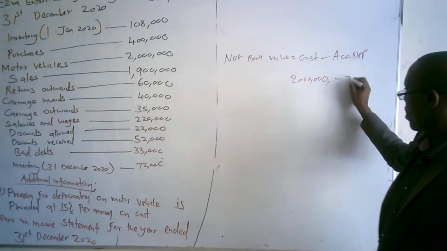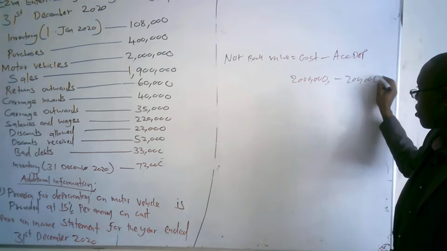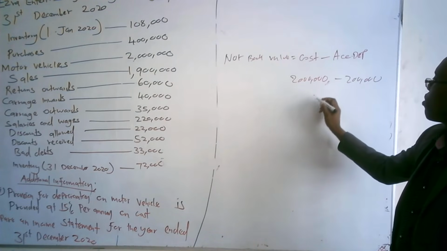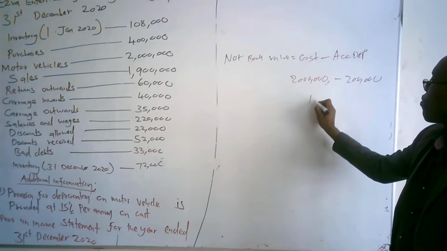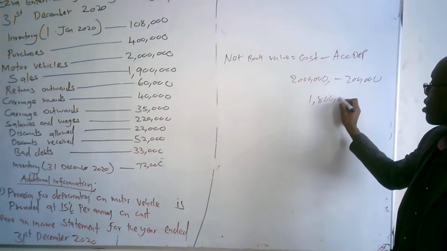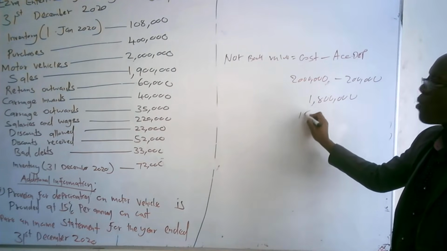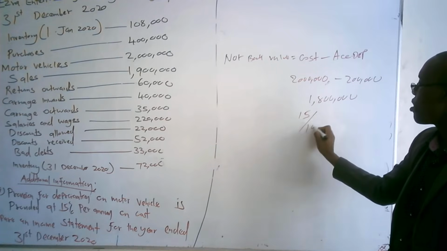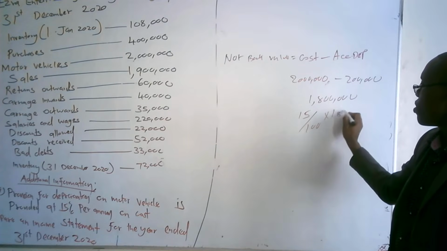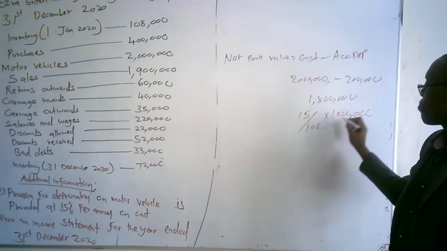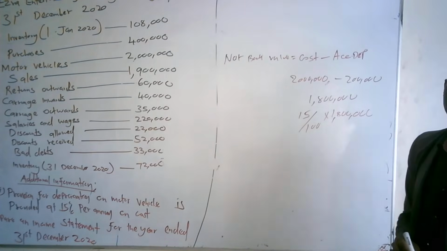So we minus 200,000 and we have 1,800,000, and then you take 15 over 100 times 1.8 million.